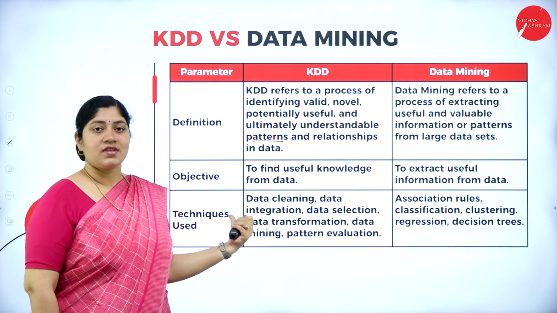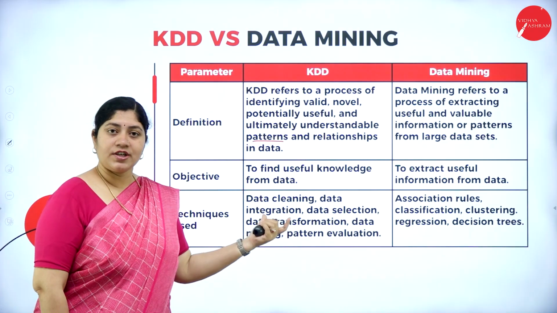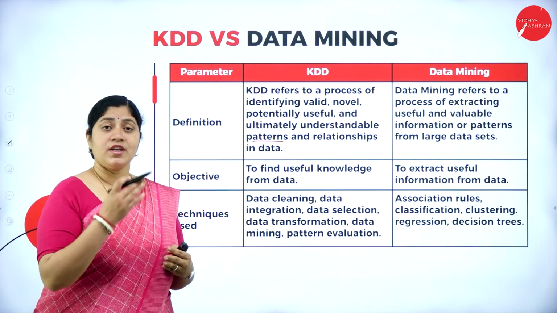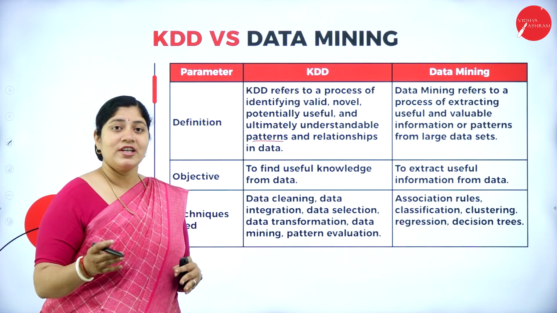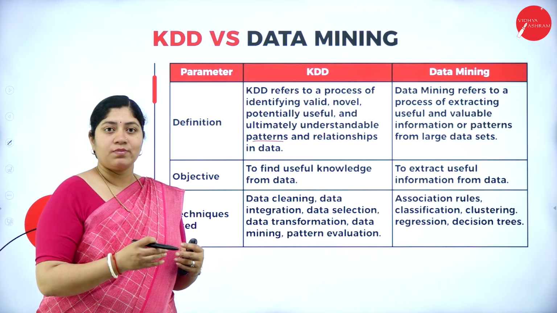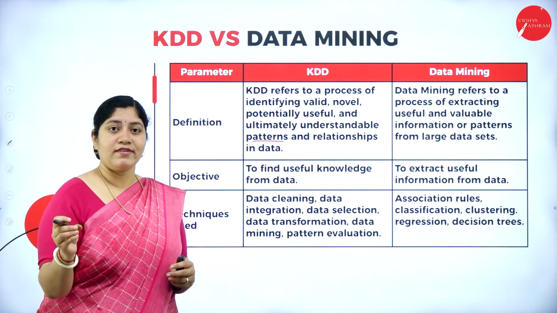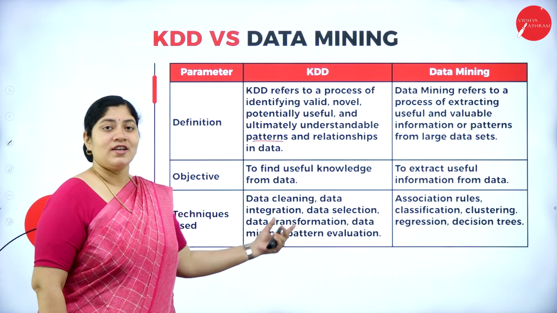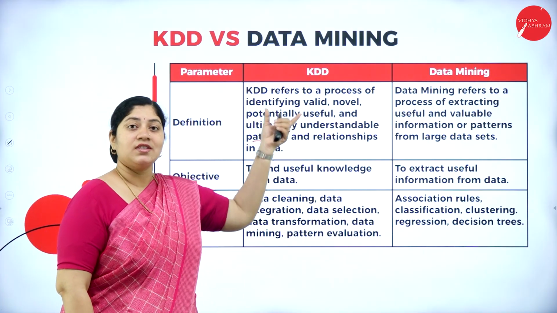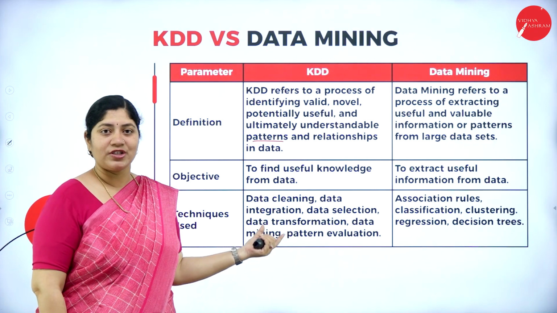The technique starts with data selection, then data cleaning, data integration, data transformation. Finally, that transformed data will be evaluated and recognized as different patterns, and then it is evaluated as knowledgeable data or information.